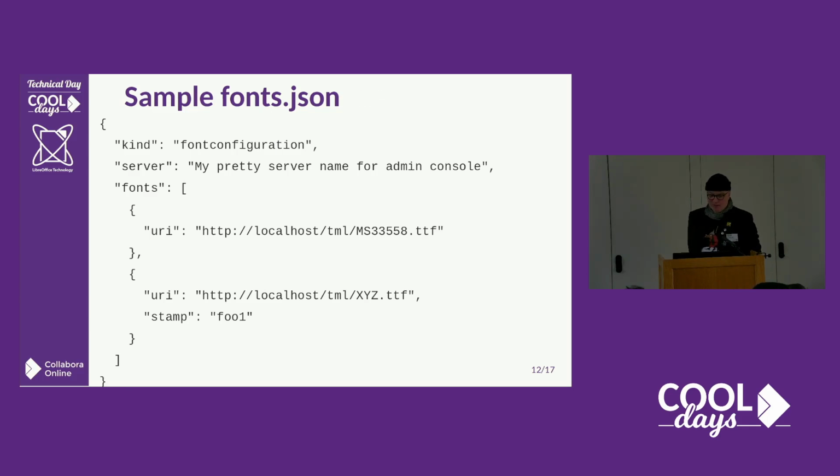It's an array of fonts or font URIs, and for each URI you can also use a stamp field that you can then increment or change if you want to load a new version of the font in question. Otherwise it checks if the file has changed.